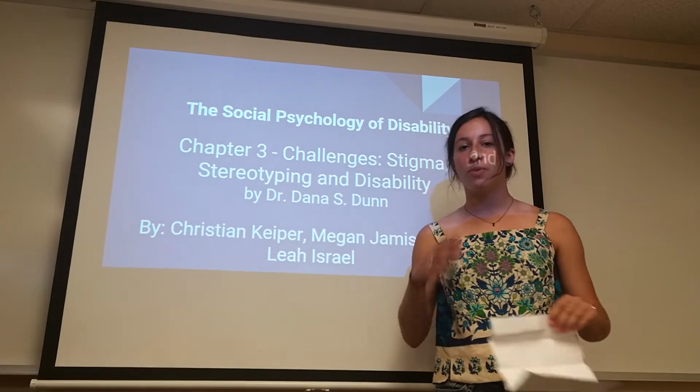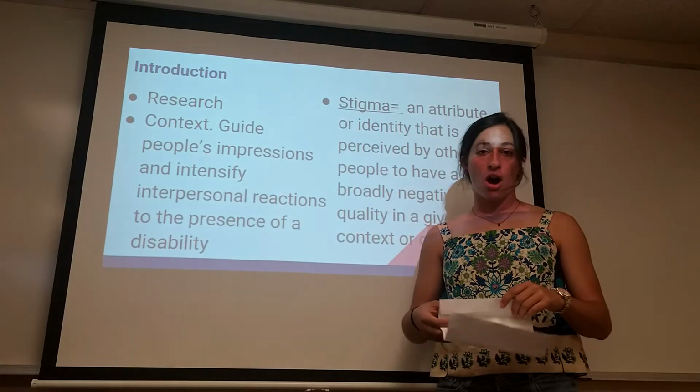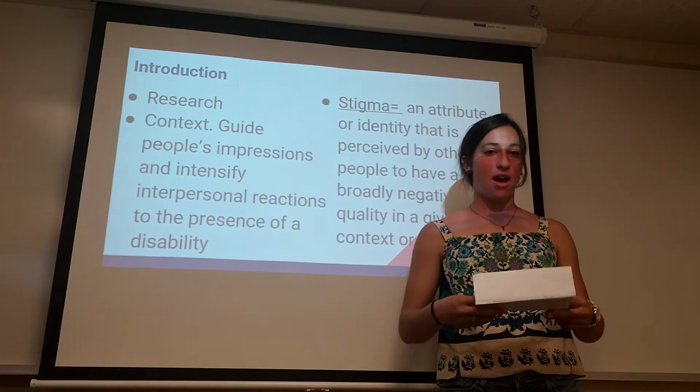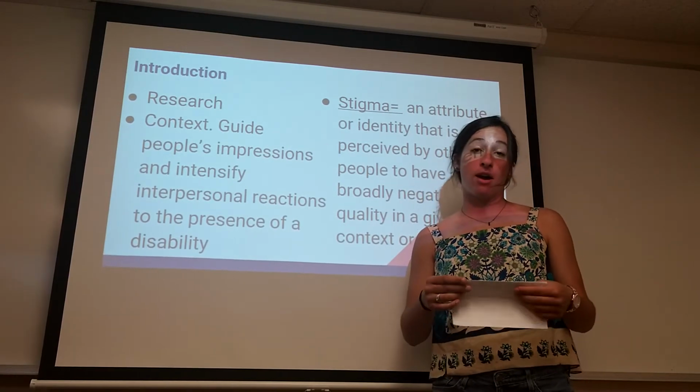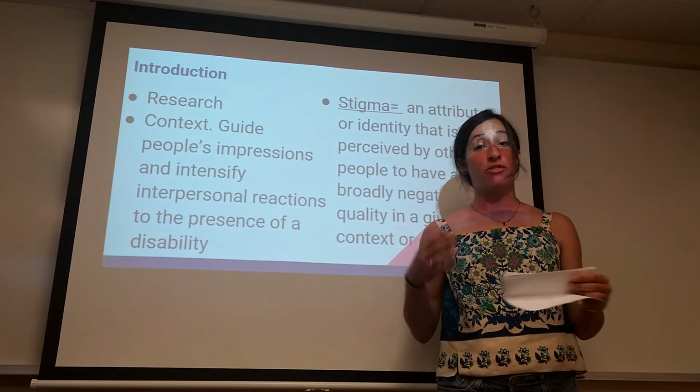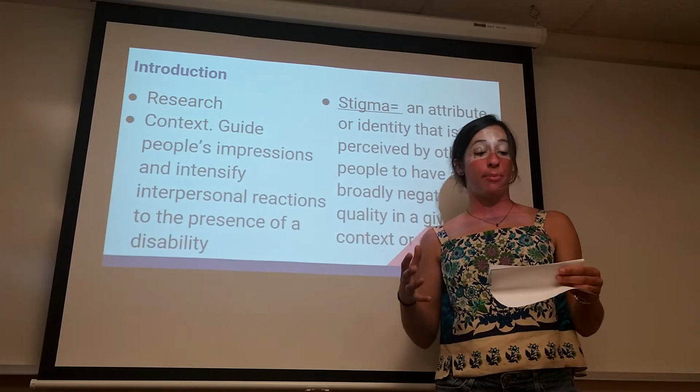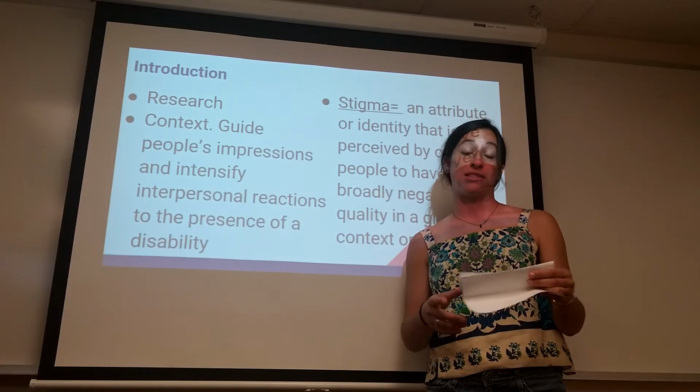Dr. Dana Dunn starts with presenting two research articles and findings that are very interesting. The first, a little bit more broad, suggests that the presence of one trait in a person leads people to assume the presence of other traits.